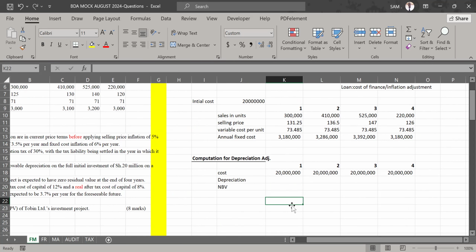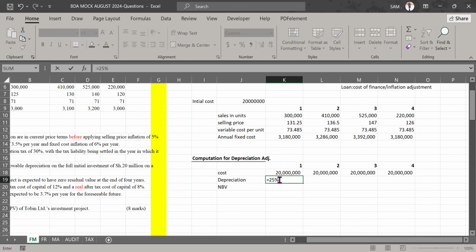This is always the simplest approach to computing depreciation because it does not involve any adjustment for accumulated depreciation or something like that. We have the reducing balance method of computing depreciation, and we have the direct method. So in this case, it is direct. We just charge 25% on cost. What cost?